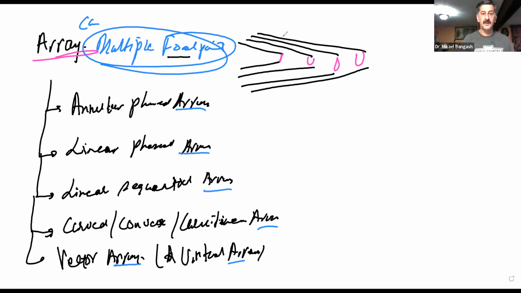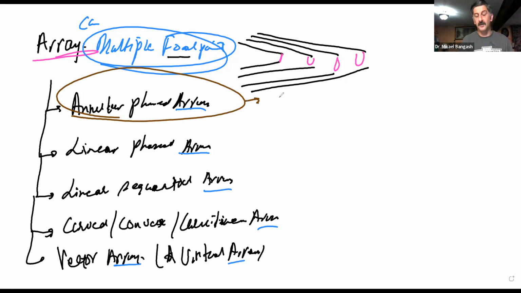Now, out of all these array transducers, it's only going to be this one here where we will see later on that the focusing is going to be electronic.